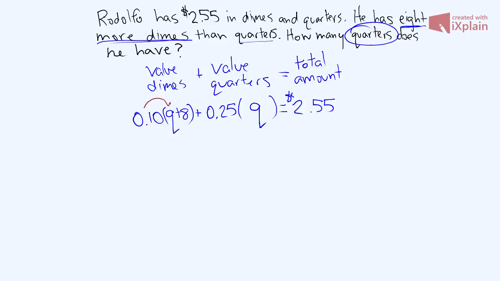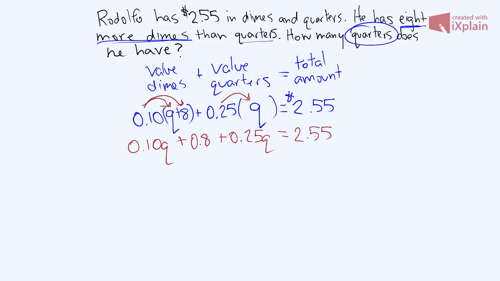So we need to distribute this through here. We have 10 hundredths times q is 10 hundredths q, plus 10 hundredths times 8 is going to be 8 tenths, or you could go 8 hundredths if you want to. Then we can distribute this, but really all it says is 25 hundredths q equals $2.55.